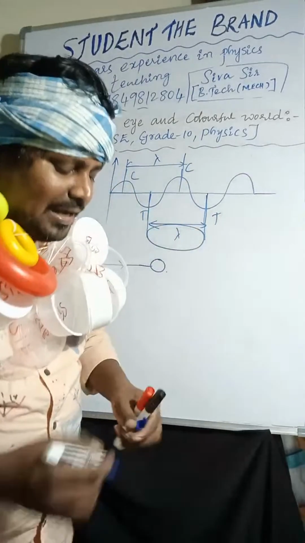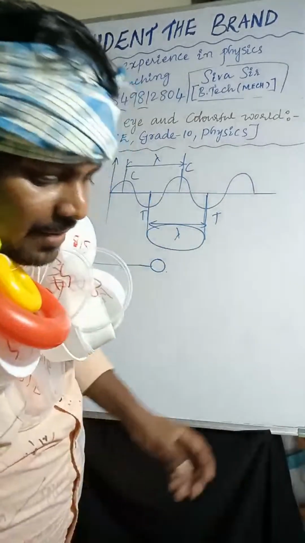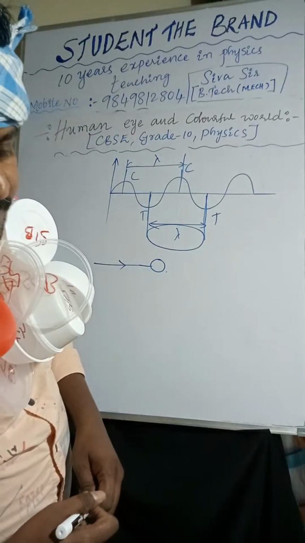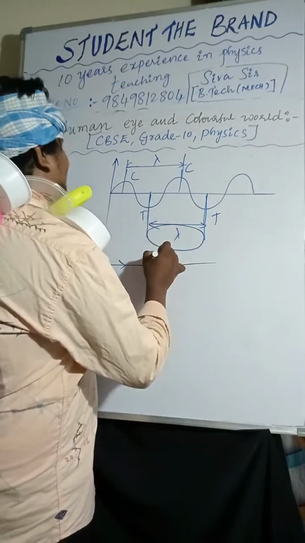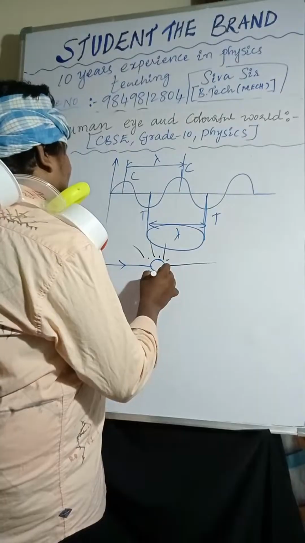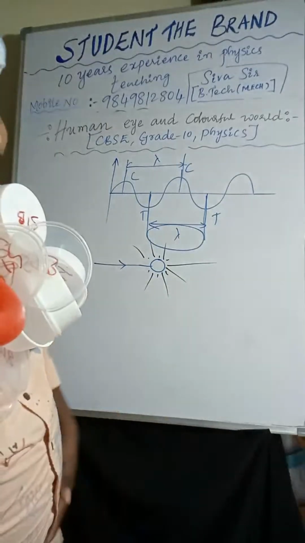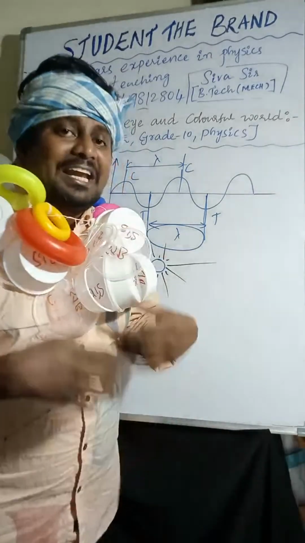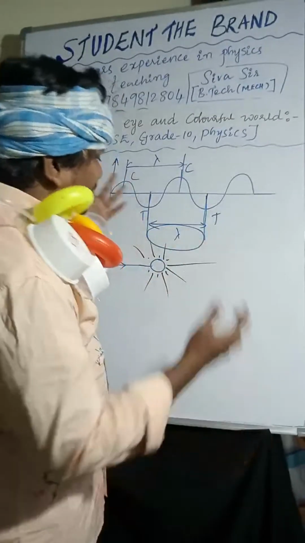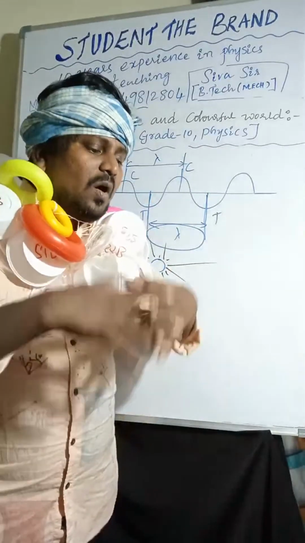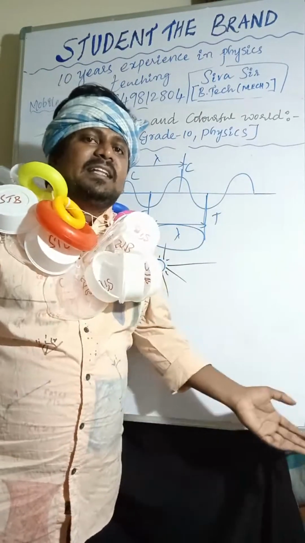Then the particle will absorb the light and re-emit it in different directions with a different intensity.